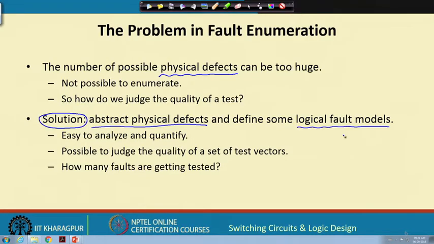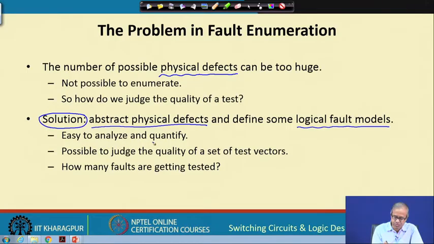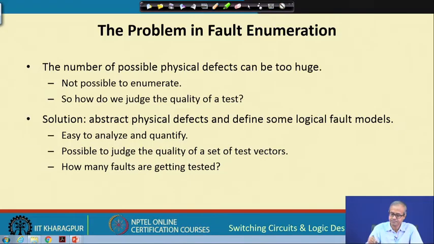For example, for a gate, you assume that one of the inputs of the gate is permanently at 0. That is one kind of fault model you can think of. Okay? This is just an example. The advantage is that if you assume such a fault model, then it is easy to count the total number of faults, and also you can analyze how good your testing process is. That means, how many of those faults are getting detected, how many faults are getting tested. Okay? Fine.